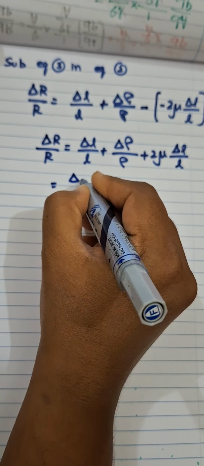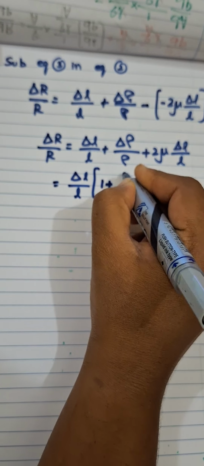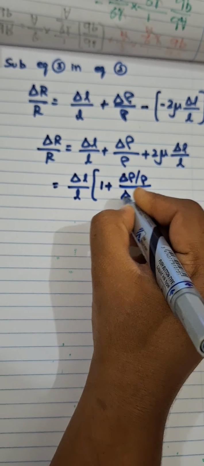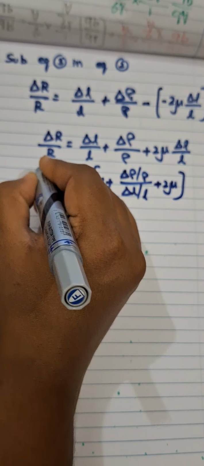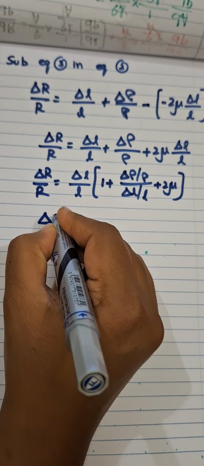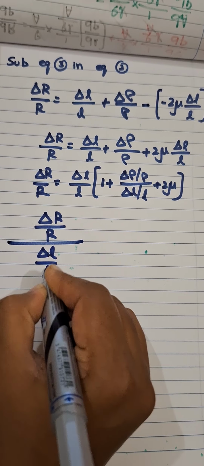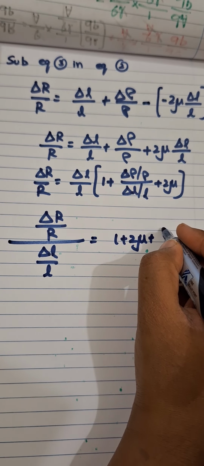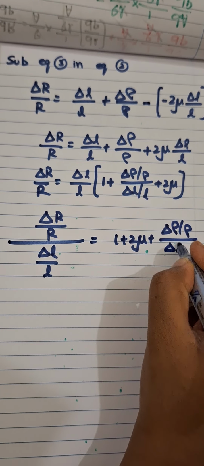So this is equal to del L by L, if I take it as common, 1 plus 2 mu plus del rho by rho by del L by L is equal to del R by R. So let me bring this side. So del R by R by del L by L is equal to 1 plus 2 mu plus del rho by rho by del L by L.